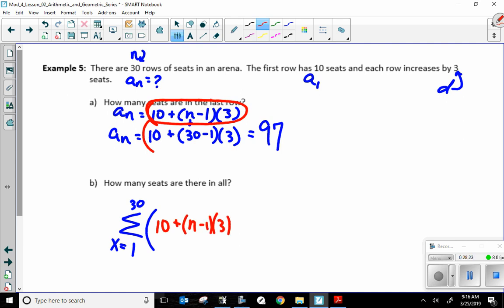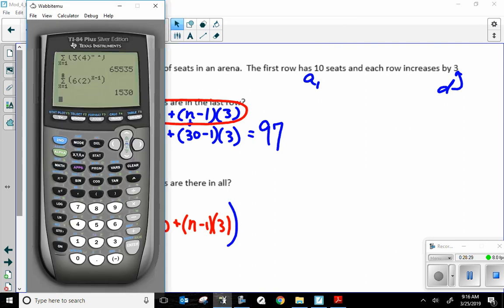Even though it's not simplified, it'll still work. Let's go ahead and try that. So, math 0 for when x is 1 to 30. And we put in 10 plus parentheses x minus 1 parentheses times my common difference, which is 3. I hit enter.